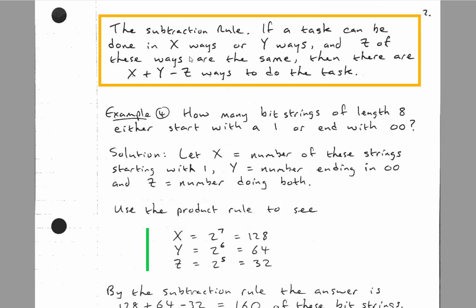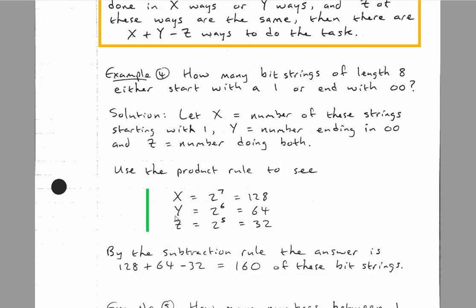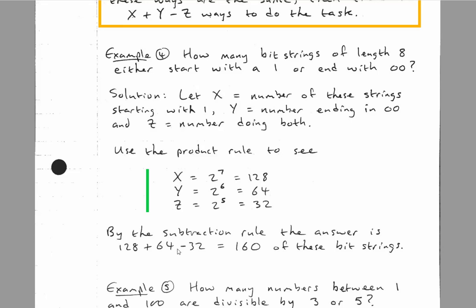There are Z ways they can both happen. So we have to subtract those Z ways. So it's 128 plus 64 minus 32. So 160 of these bit strings.